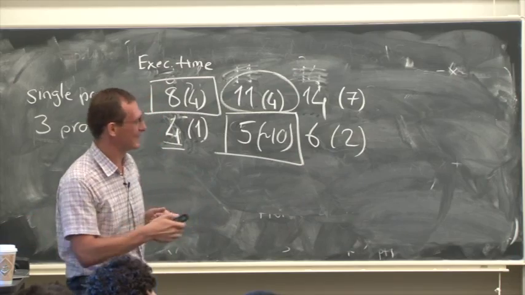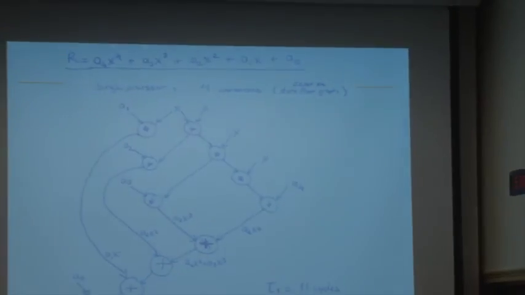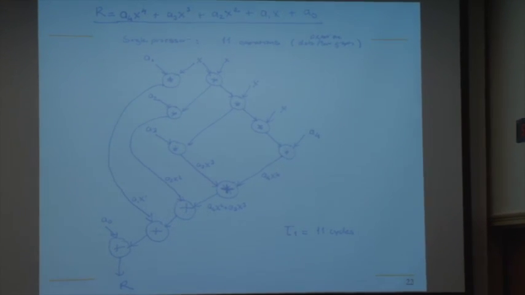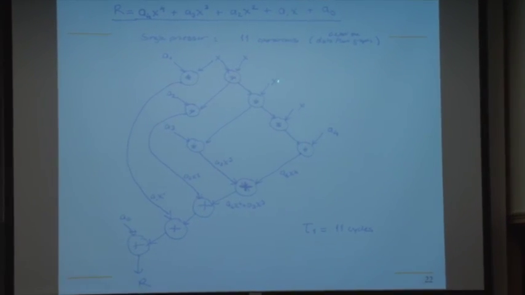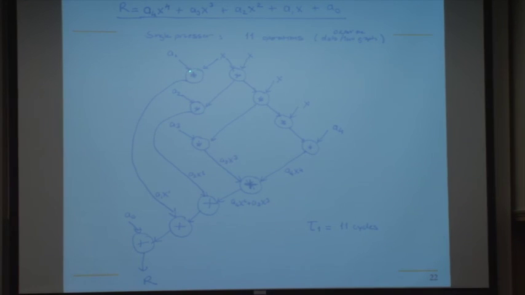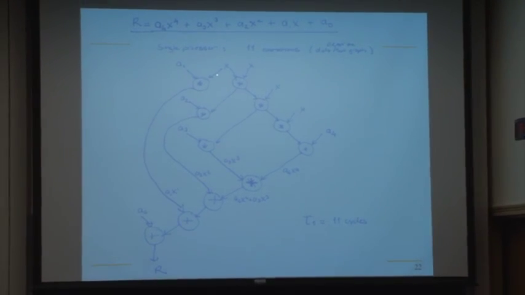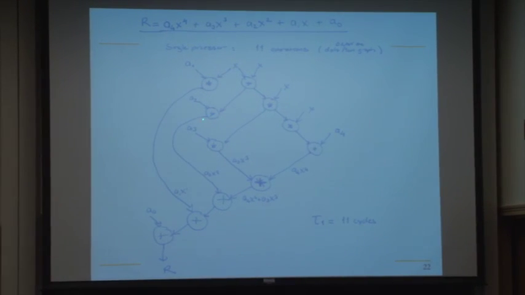So let's take a look at how you come up with 11. Maybe you didn't come up with it exactly this way, but basically you have 11 operations. You factor out a1x, a2x squared, a3x cubed, and a4x to the 4.